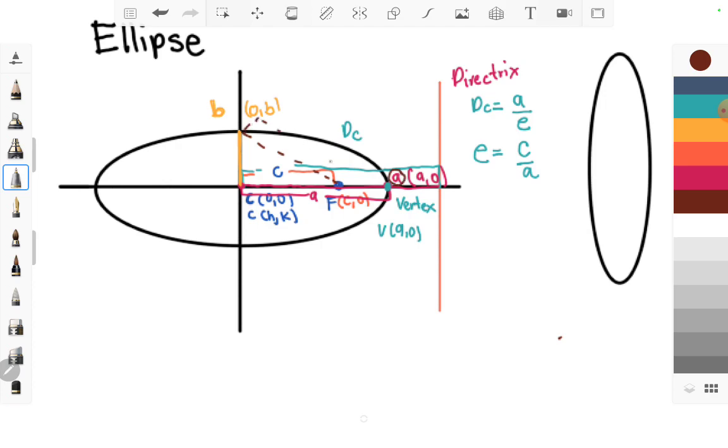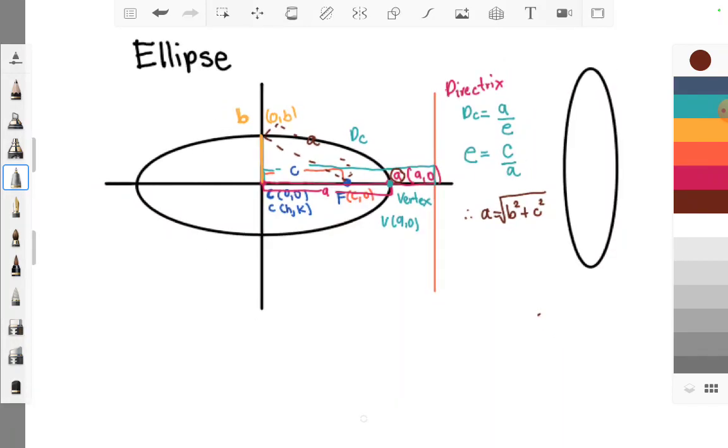So a is equal to the square root of b squared plus c squared, wherein b is the length of our semi-minor axis.